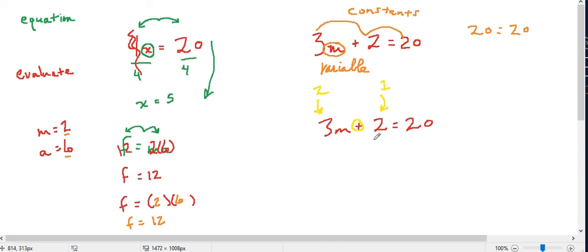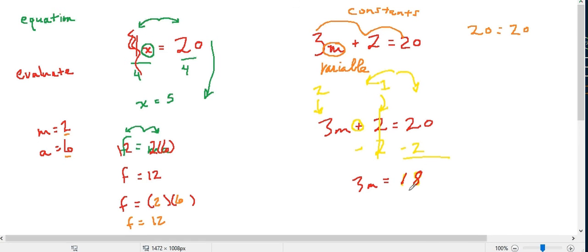So first, we do whatever is the opposite of plus, which is minus. Same value so that I can get rid of it and have just the 3m left. Just the 3m left. See what I did there? But again, we have to do to the left, got to do the same thing to the right. It's like a scale. It's got to stay balanced. 20 minus 2 is 18.